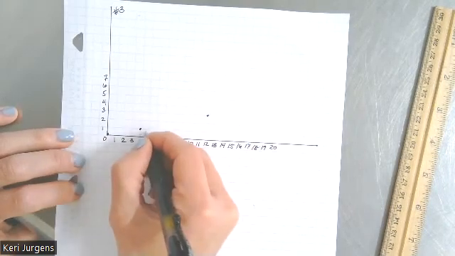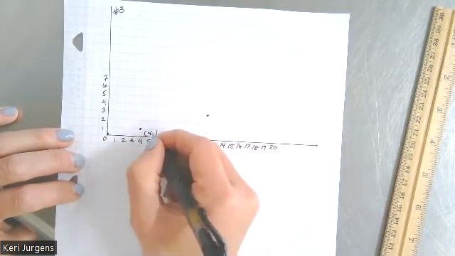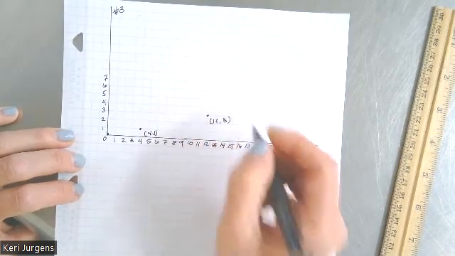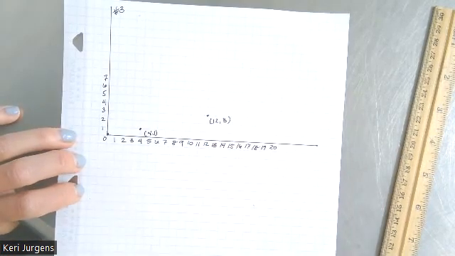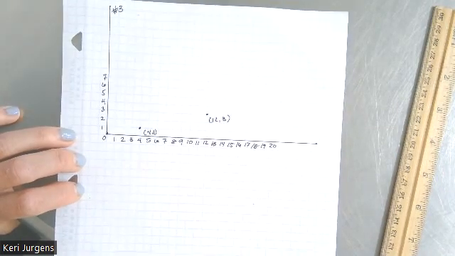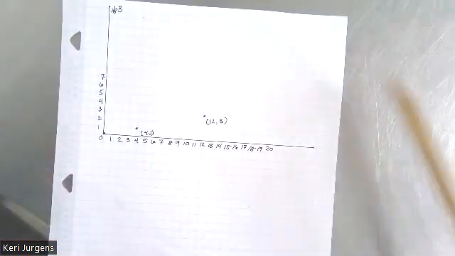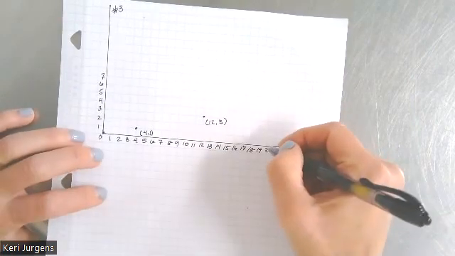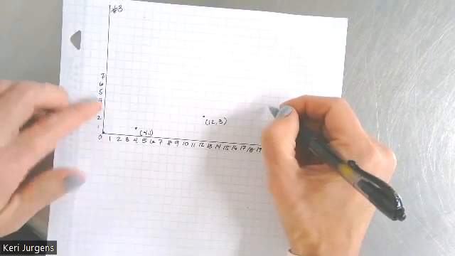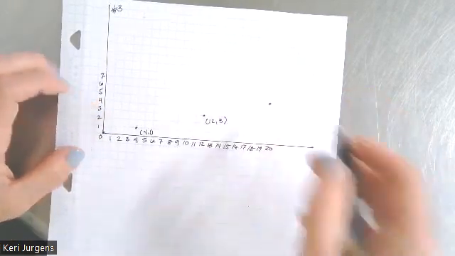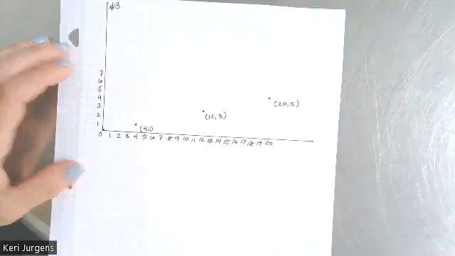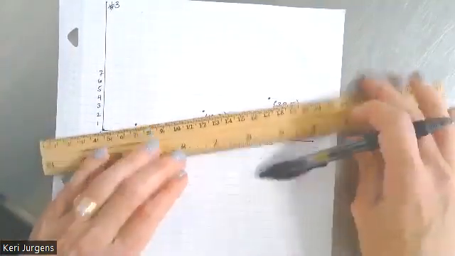Okay, so let's go ahead and mark those. And we'll do one more with x equals 20 and y equals 5. Okay, and then we're going to go ahead and connect the dots just like we did before.